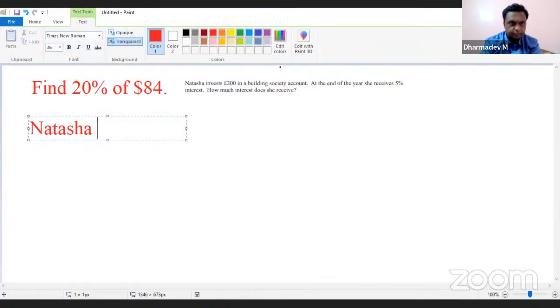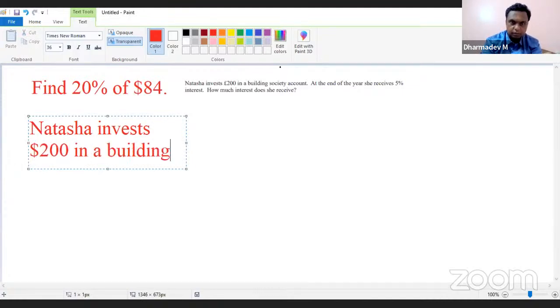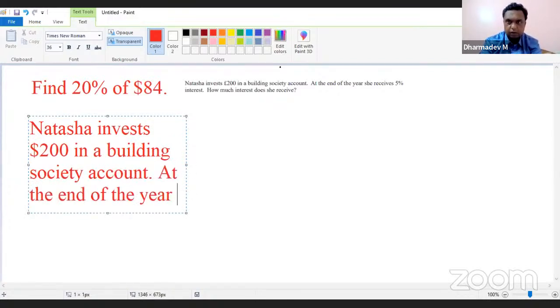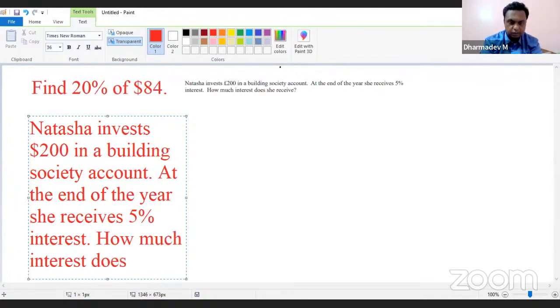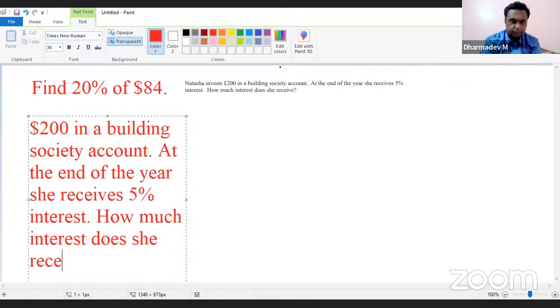So Natasha invests $200 in a building society account. At the end of the year, she receives 5% interest. So how much interest does she receive?